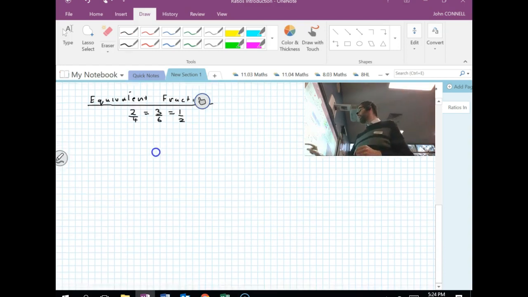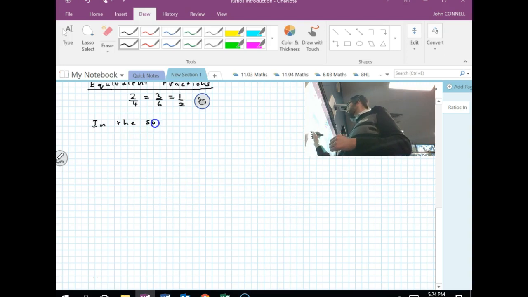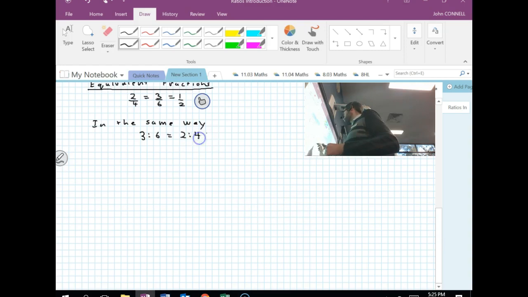And in the same way, we can say that a ratio like 3 is to 6 is the same ratio as 2 is to 4, which is the same ratio as 1 is to 2. They're all equivalent ratios. They're describing the same amount being put into separate groups.